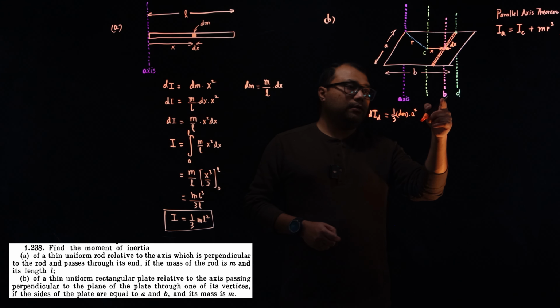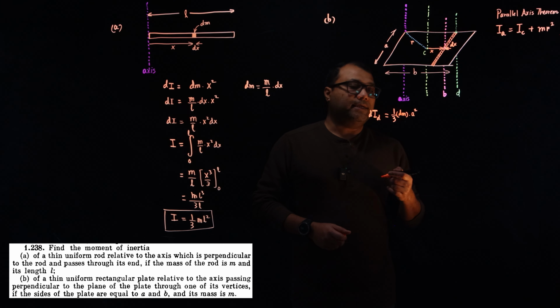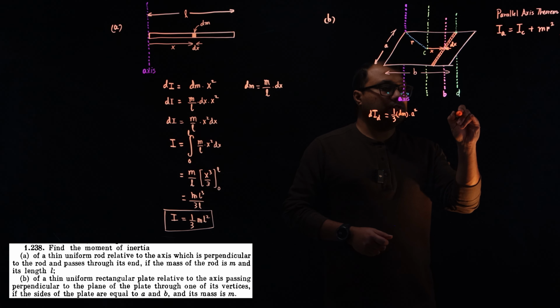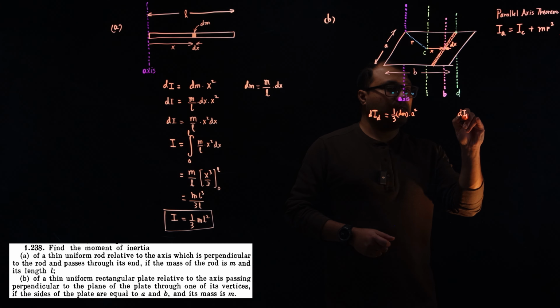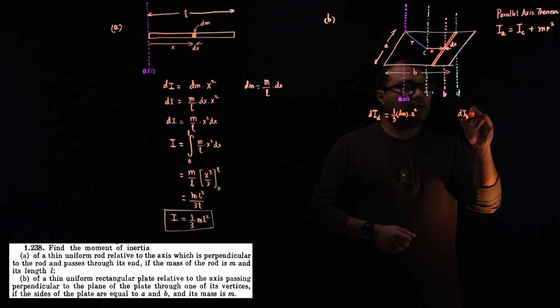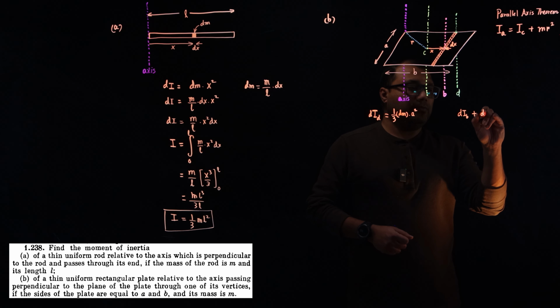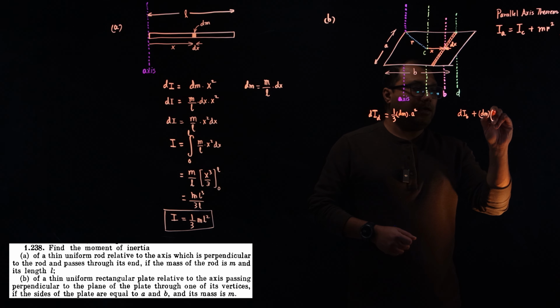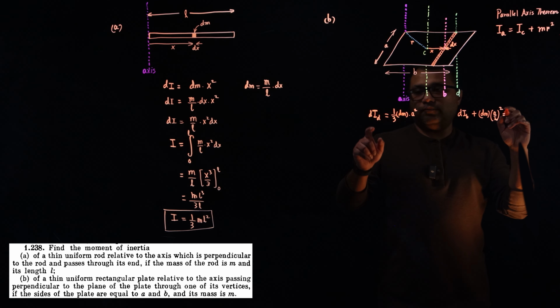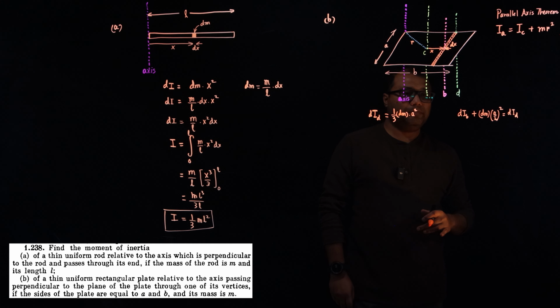Now, if I calculate the moment of inertia about axis B, so dI_B, what I will do is I will subtract dm (a by 2) square, this distance being a by 2, from what we got here, dI_D. Again, we are basically using the parallel axis theorem.